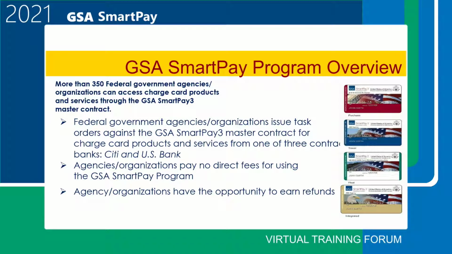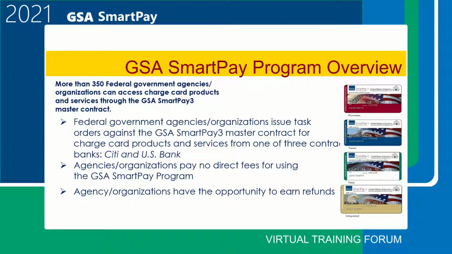All right, so as you know, in the SmartPay overview, we provide purchase cards, travel cards, integrated cards, and the fleet card. These are all available to about 350 federal government agencies or organizations. You all have access to the SmartPay program under the SmartPay 3 master contract.